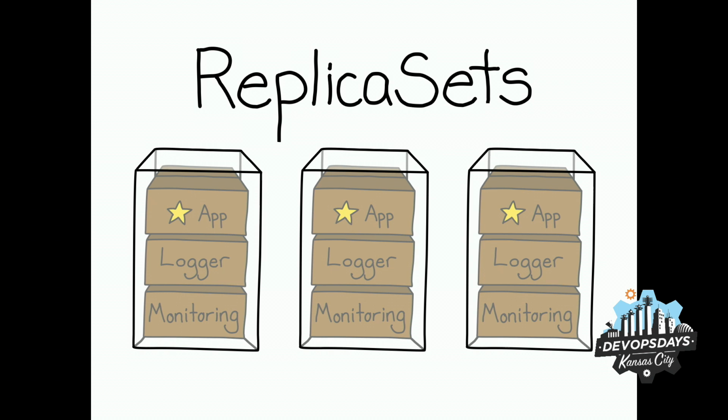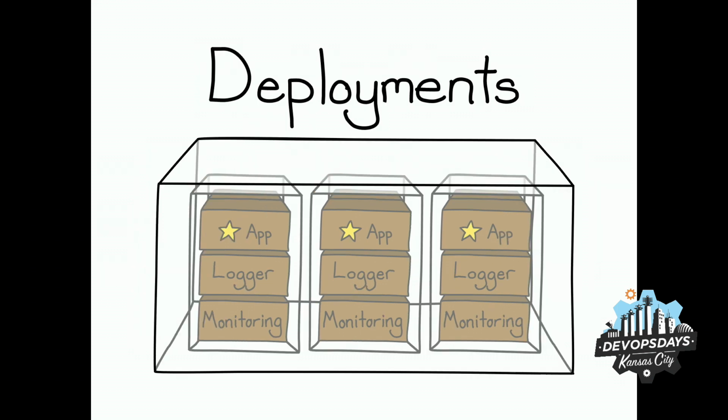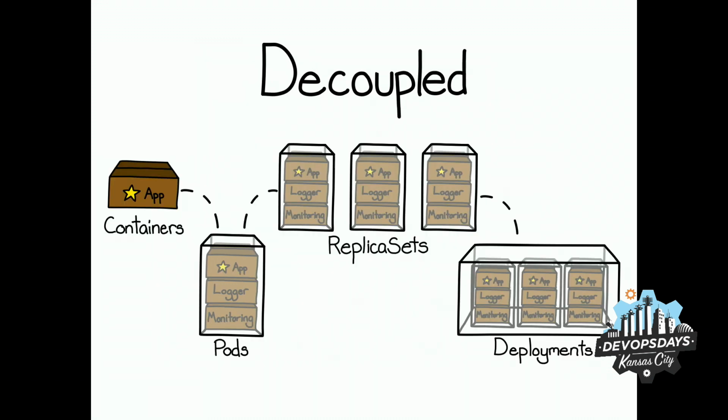And then Kubernetes takes that a step further with something called ReplicaSets. ReplicaSets allow you to take those pods and easily scale them from 1 to 100, or 10 or 15, or however many you want, you can scale up and down. And then a step further, it takes those replica sets and manages them with deployments so that you can easily go from version 1.0 and roll out version 2.0 or roll back to version 1.0.